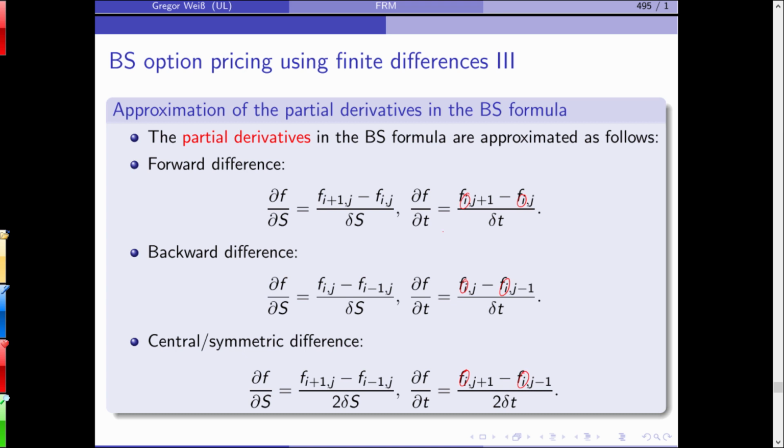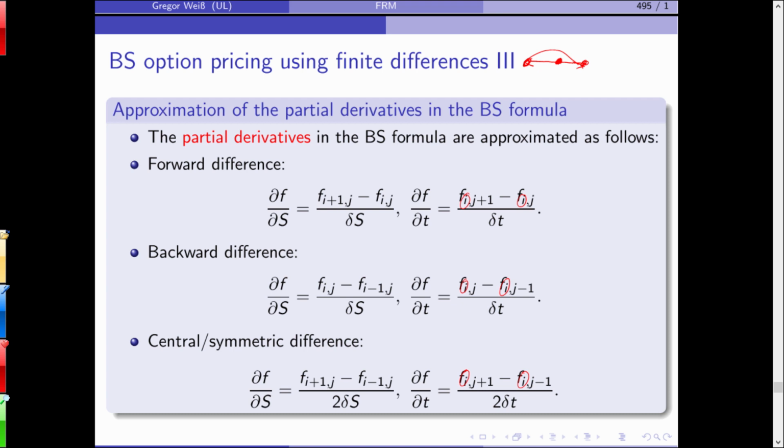For the forward difference, you're looking at the option price here, and you're taking this stock price and the next. So you have this forward difference. The backward difference is exactly the opposite, and the symmetric or central difference is just this one, and those two are averaged.